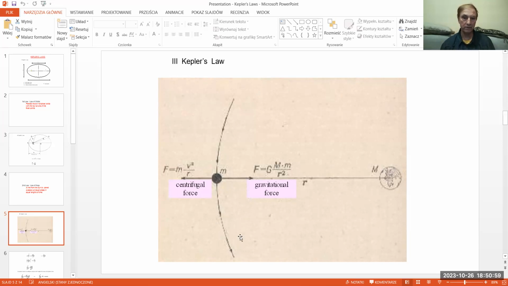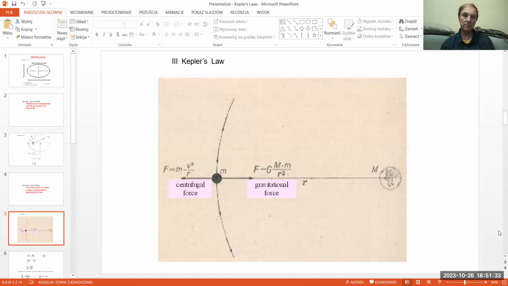But if we replace this ball with the sun, and this ball is replaced by any planet in the solar system, this line, as you already know, is not a circle but an ellipse.